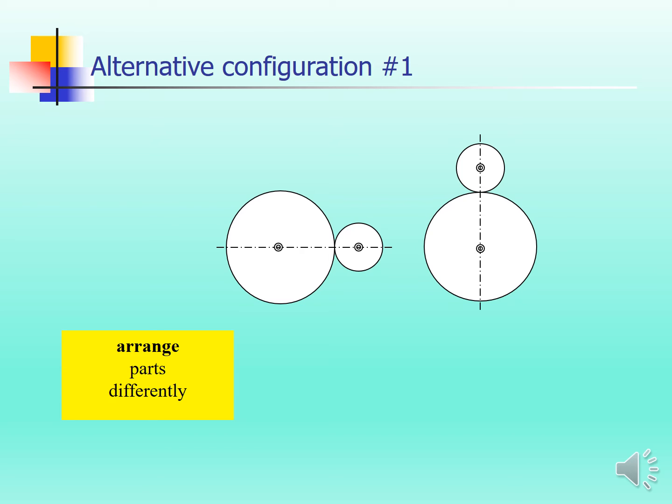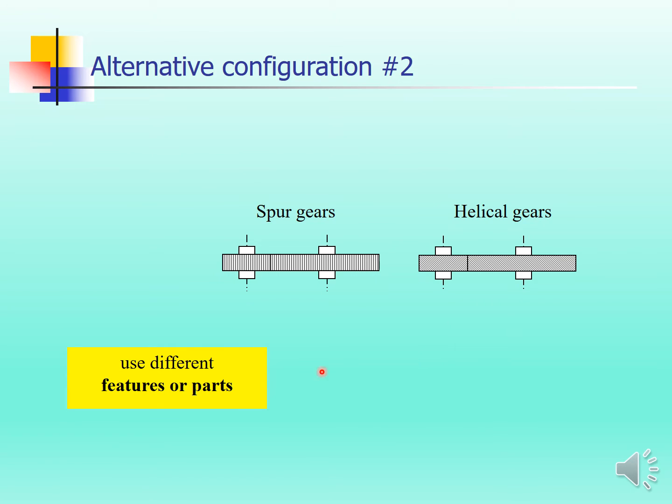Alternative configuration number 2. Okay, we use a different feature of the part. For example, here we use the spur gear. This means the gear teeth are in a linear line here, and the second one is an example configuration using the helical gear.